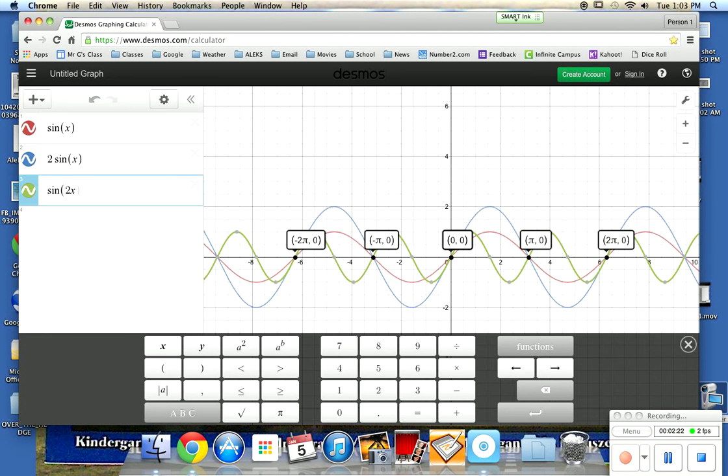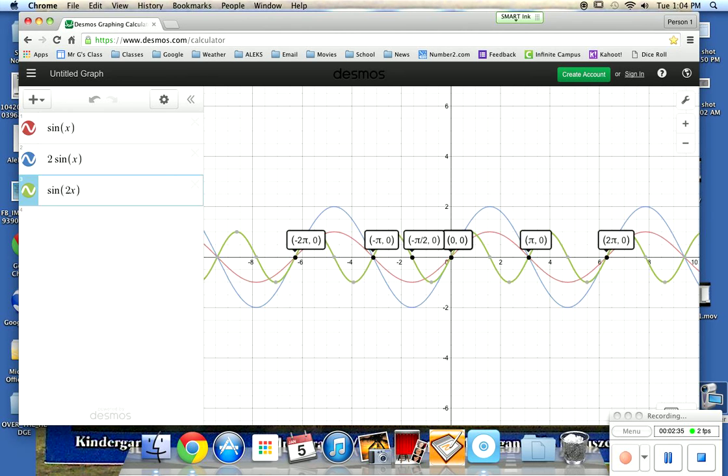All of a sudden, my period is happening at a faster pace. Okay? It's now crossing at 0, pi over 2, pi.